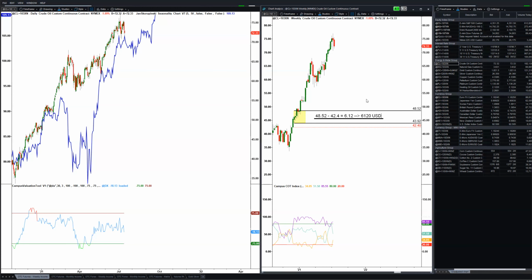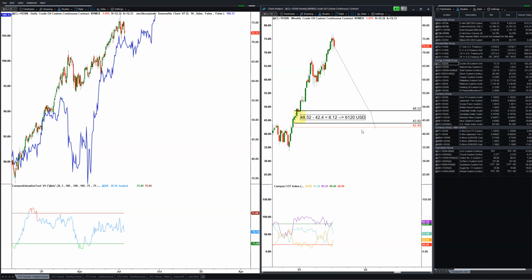Now, if you want to trade this zone per contract, so the contract value, the risk size on this trade, if you want to buy crude oil here with one contract and the price goes here and it stops you out, you lost 6,120 US dollars. So now the question is, what's your personal risk, right?